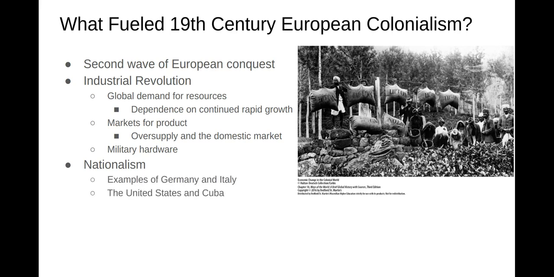Also, let's not forget nationalism. We talked about that in an earlier lesson, and we looked at German unification and Italian unification, and how nationalism created these large states in Central Europe, which to a certain extent destabilized Europe. But the examples of them are interesting because they come late to the colonial game. Remember, they are not unified until the 1860s and 1870s.